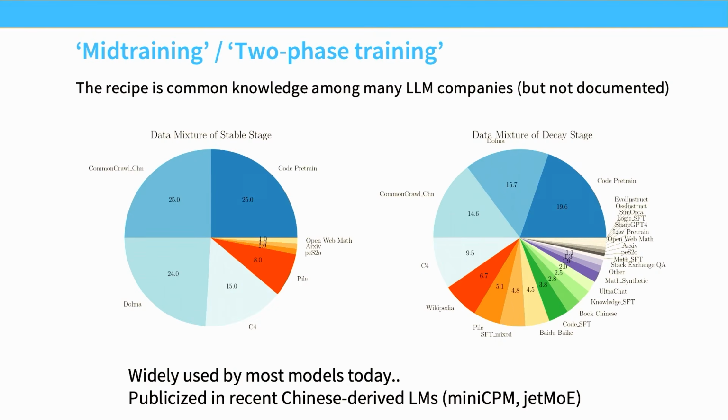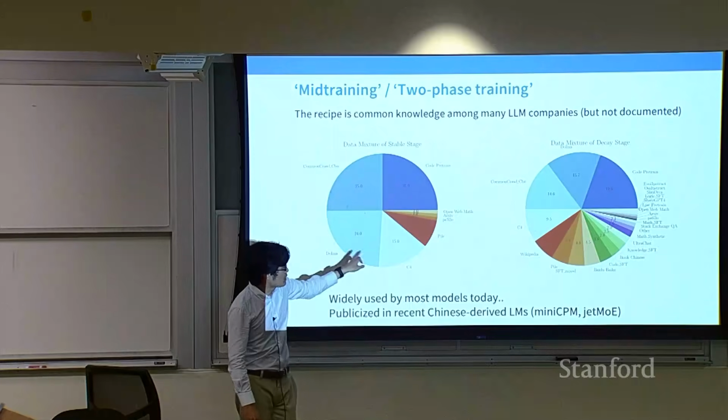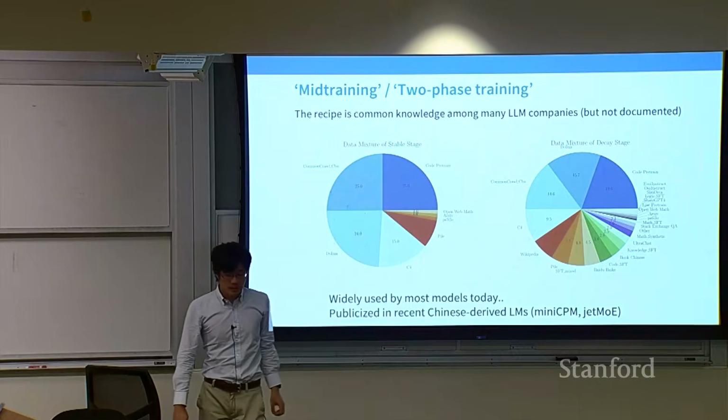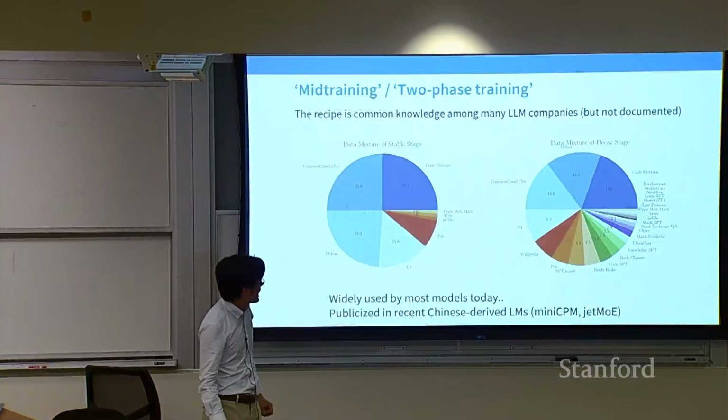I've taken this example of a two-phase training. I think this one's from MiniCPM, because I think they show very nicely the change in the mix. So this first part is the very standard pre-training phase where you've got all sorts of internet data on the left. And on the right, you're switching to this higher quality and also very chatty data set.